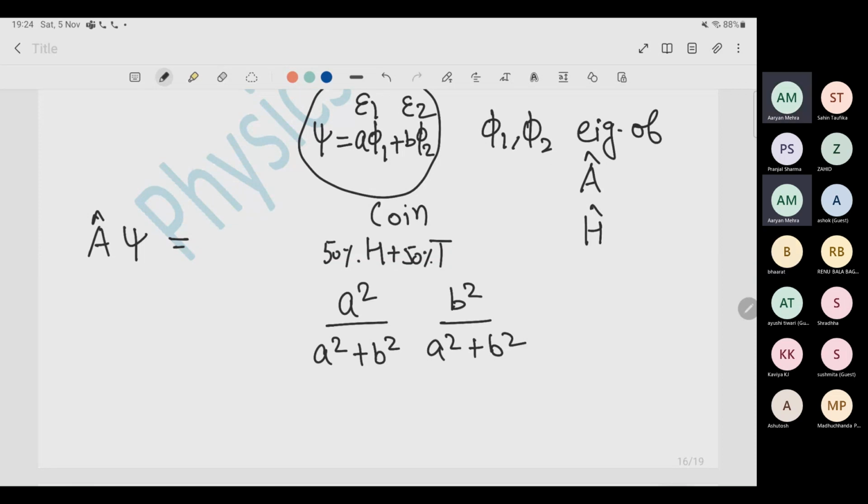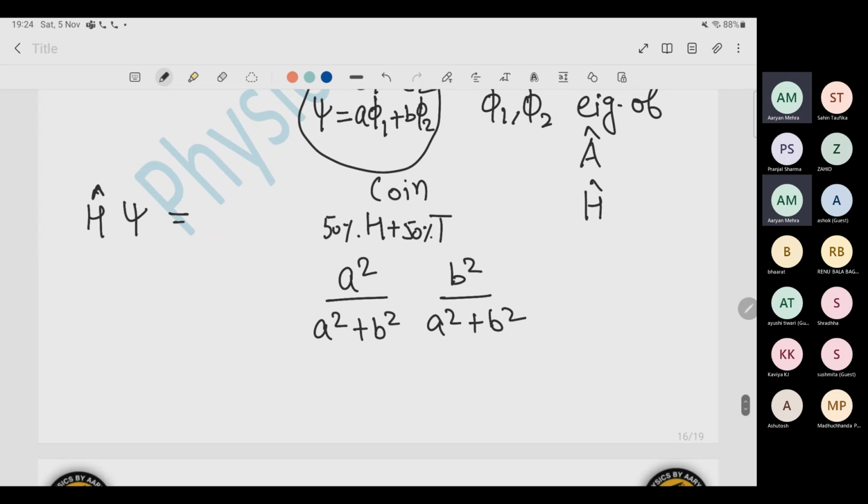So if you operate this operator on your superposition state, you get any one of them. Let's replace this by H cap so that you have a better understanding.